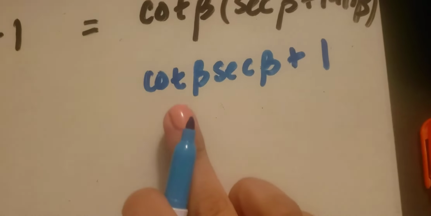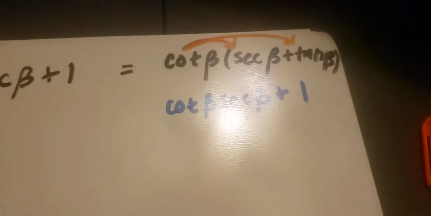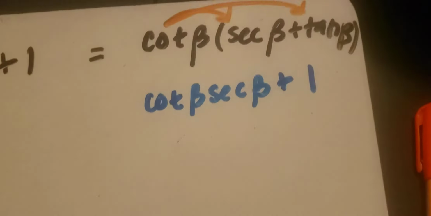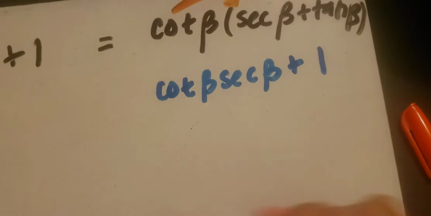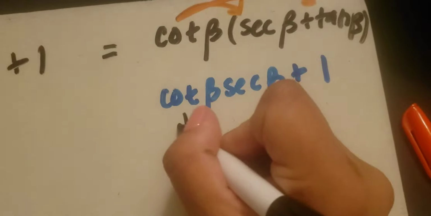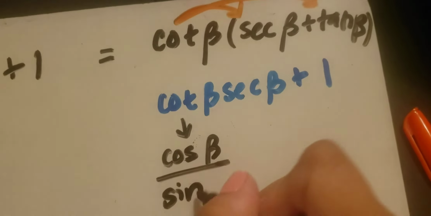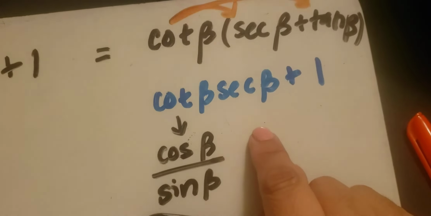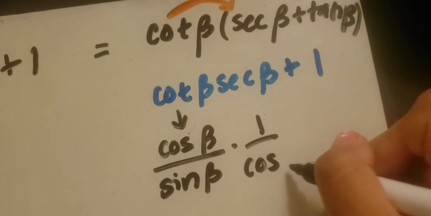So now I'm going to rewrite cotangent as cosine of beta over sine of beta, just using an identity, okay? And also secant, we know secant is the same as 1 over cosine of beta.